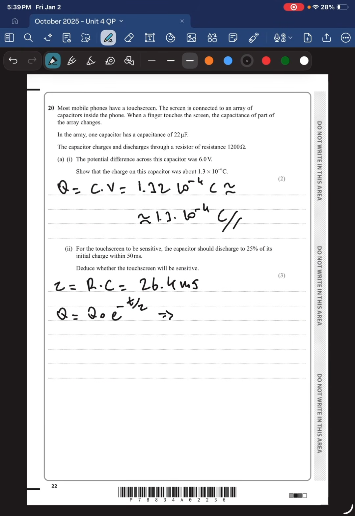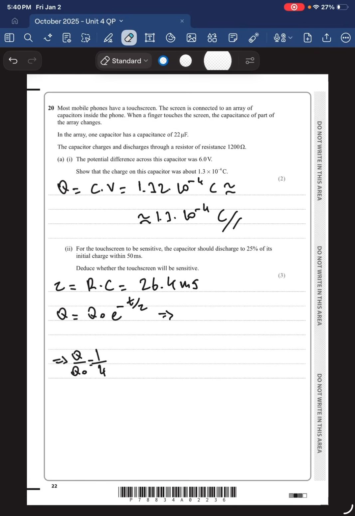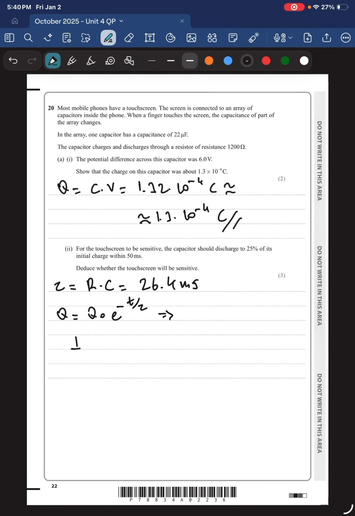So we need Q over Q naught to be 1/4. So we pretty much need 1/4 being equal to e to the minus t over tau. Therefore, e to the t over tau is 4.